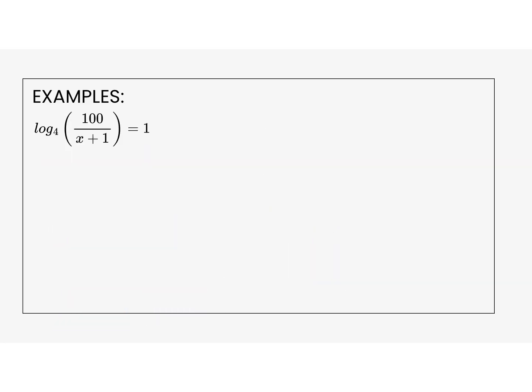All right, last one. Log base 4 of 100 over x plus 1 equals 1. So I get 4 to the power of 1 equals 100 over x plus 1. I'm writing it in exponential form. That's just 4. So the first thing I would do if I was going to solve this is I would multiply by x plus 1 to get rid of that on the bottom on that side.